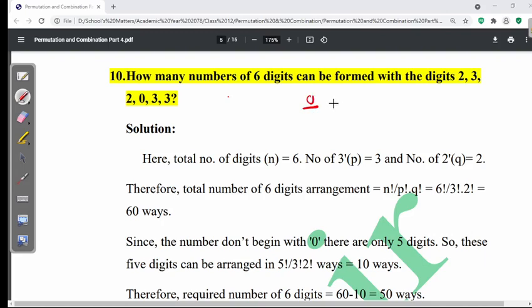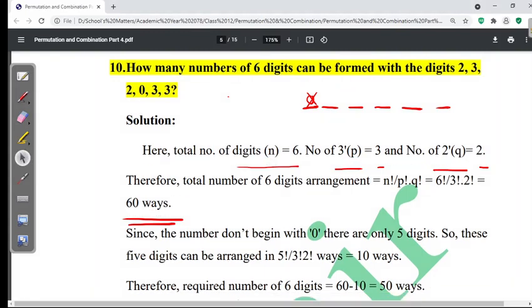In this place we cannot put 0. If we put 0, it won't be a 6 digit number. 1 2 3 4 5 6 digit number, so we cannot place 0 here. So total number of digits is 6, number of 3s is 3, 2s is 2. So 60 ways in total we can arrange this.